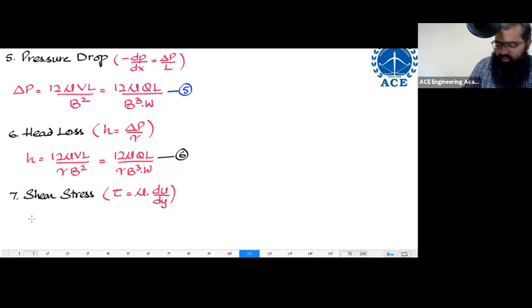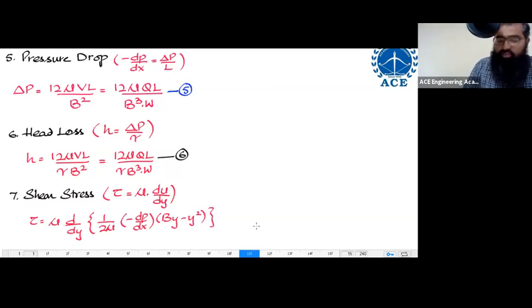So tau becomes mu into d upon dy of the velocity. Velocity was 1 by 2 mu into minus dp upon dx into b times y minus y square. These things are constant; you differentiate this, mu and mu cancel off.